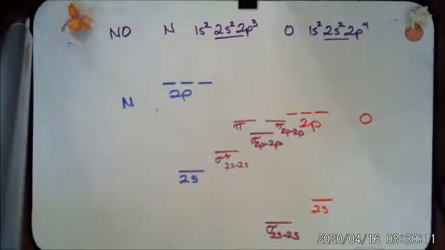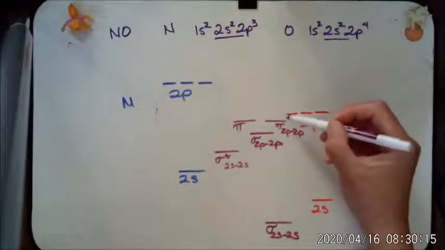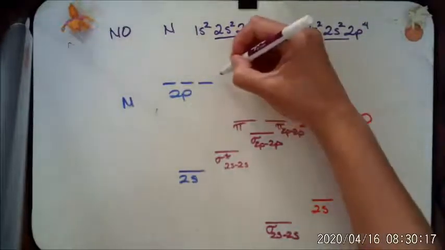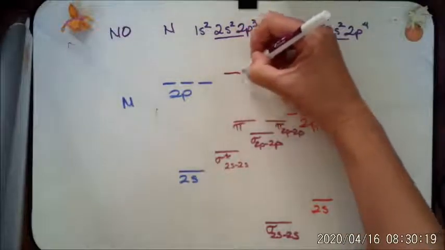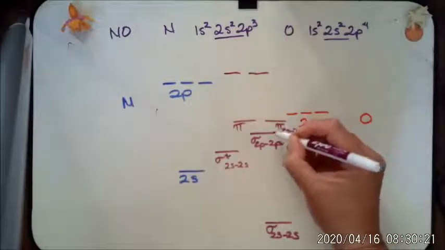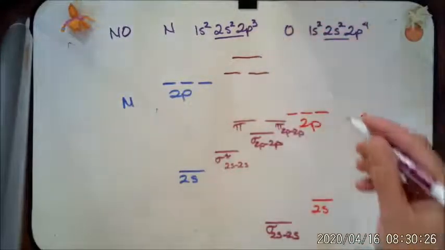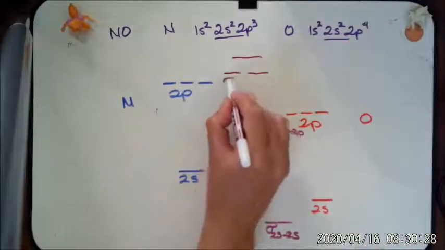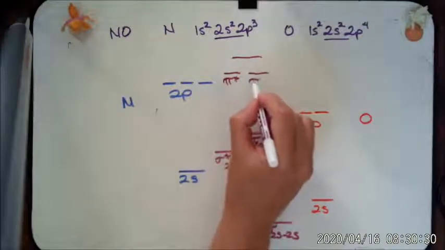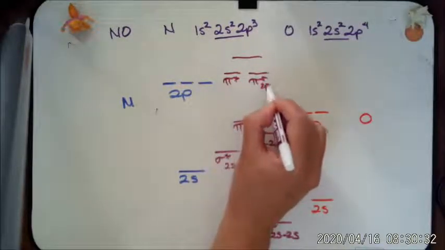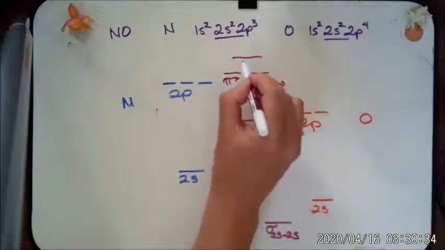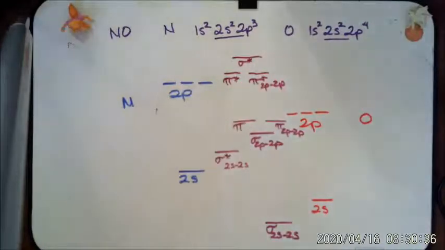Okay. Now when we draw our antibond, see this difference? It's going to be right here. See that difference? It's going to be right here. So this is pi star 2p, 2p. This is my sigma star. Okay. So let me just draw the line so you know what goes where.